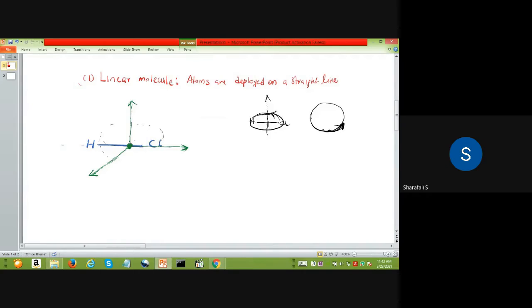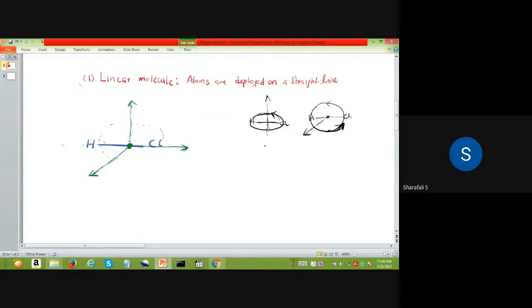In this case, which axis do you have to consider? You have to consider this particular axis. With respect to this axis, it can rotate like this. This is for chlorine, this is for hydrogen, so it can rotate like this, with respect to the axis which is coming out of the screen.